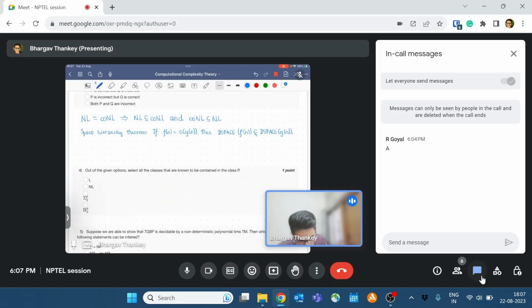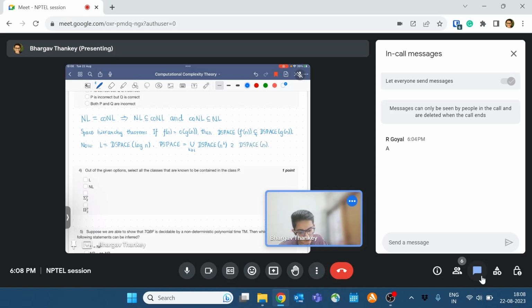Okay, so what is L? L is D space log n, and P space is the union over k greater than 1 of D space n to the k, right? So in particular, P space contains D space n.